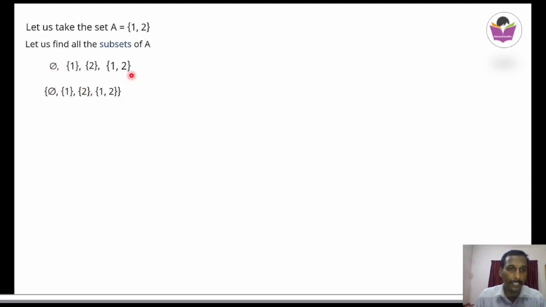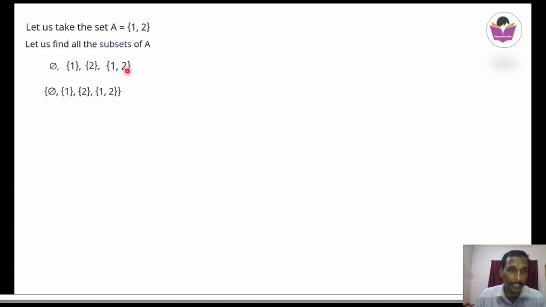And you can check here, when you collect all these subsets as a set, you can see that separately we have written them, and in this step we have collected them as a set, with set notation: phi, set 1, set 2, set 1, 2, and again close the set notation. This is considered as a set of all subsets.